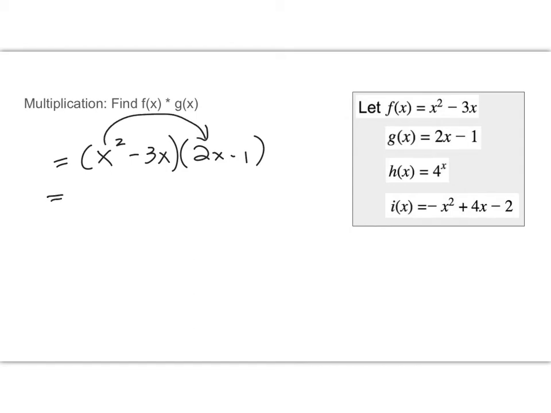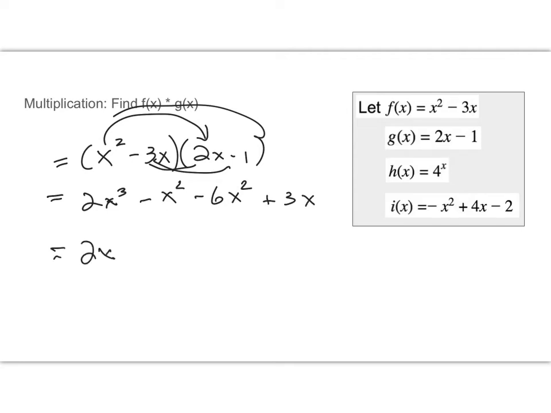Here I have to do the dirty deed of FOILing, and I get 2x cubed minus x squared minus 6x squared plus 3x. When I combine my like terms, I get 2x cubed. Negative 1 minus 6 would be negative 7x squared plus 3x. And that's it for multiplying.